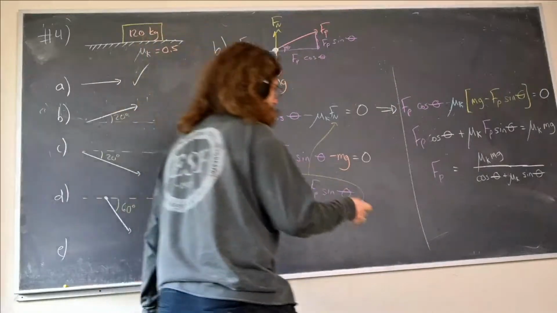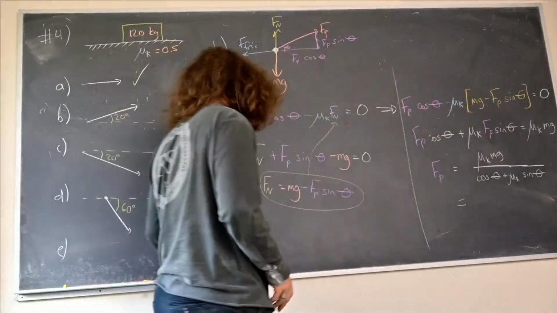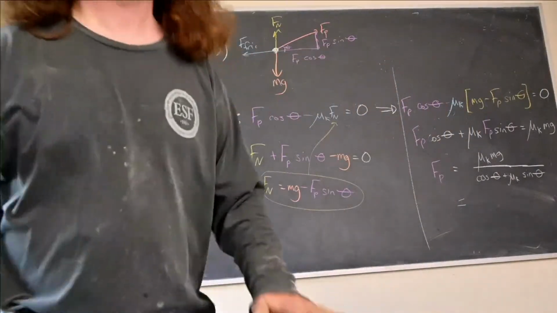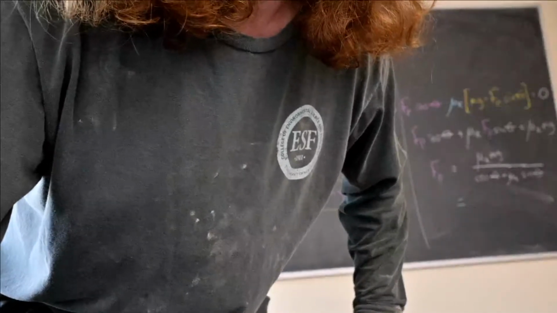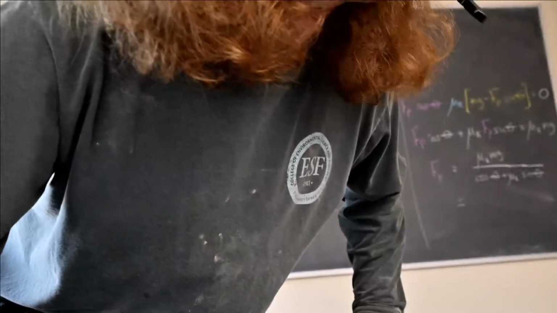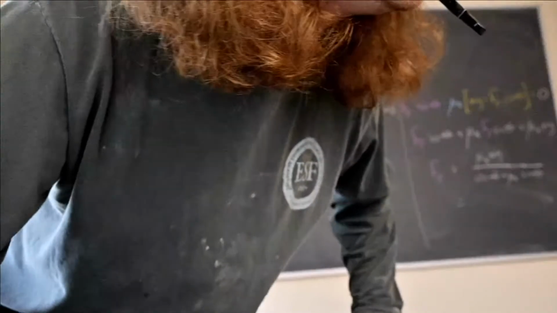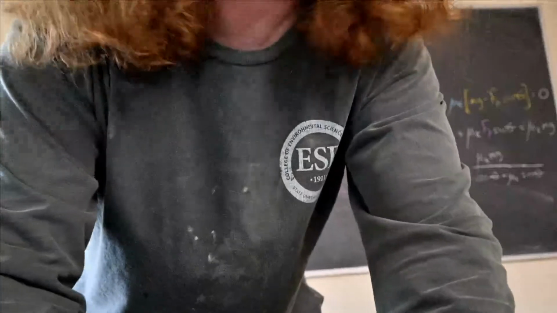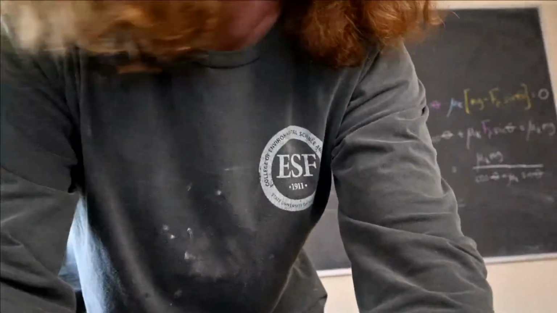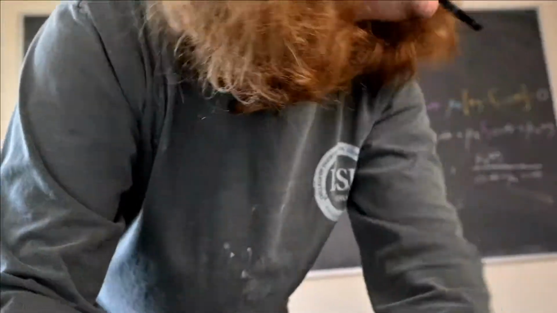Let me do the math. I'm going to have to use a calculator for that. So that's going to give me, where is a window where I can type this? Here's one. So mu k is a half, so I have 0.5 times mg, which is 1200 newtons, divided by, let's see, what do I have?